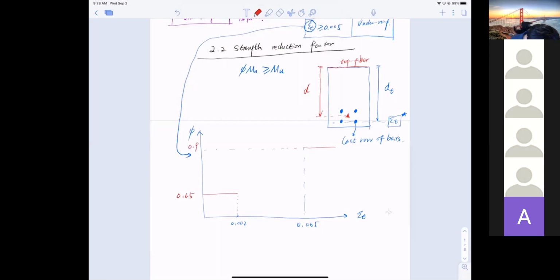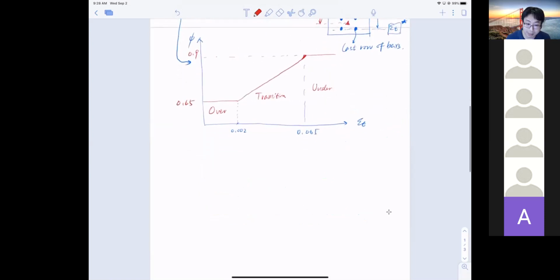In between, I directly connect the dots and make a linear line. This is the transition. So under, transition, over: three different zones.